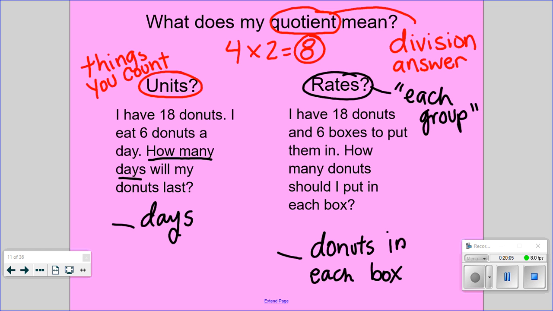That's a lot longer. If I'm wanting to know how many are in each box, that's a little bit different than just knowing how many donuts, how many days. So division is very tricky in that your answer might look a little different depending on what the problem is saying. This is complicated. We'll revisit this lots of times. Okay? So don't freak out if you're still very confused.